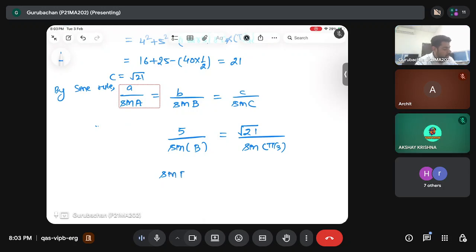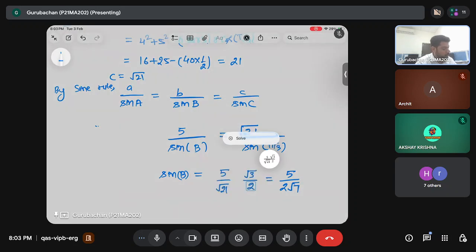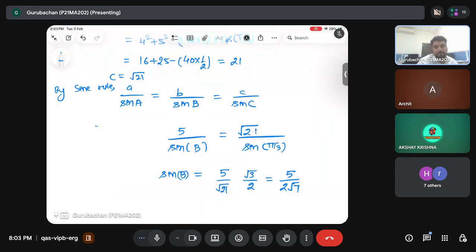So sine B will be 5 by under root 21, and sine pi by 3 is root 3 by 2, so it will be 5 by 2 root 7. That's what you were saying? Yes, sir. Then it's correct. Sorry, I did not cut that root 3, so that is why my answer was a little different.